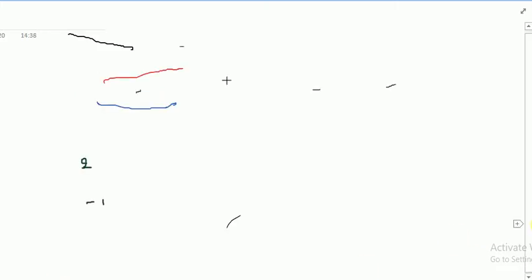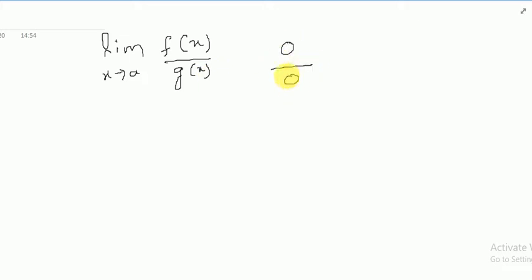Whenever the function is in the form of limit of f of x divided by g of x as x tends to a, if f of a divided by g of a will be 0 by 0, or if it is infinity by infinity, then this L'Hospital rule will be very useful.